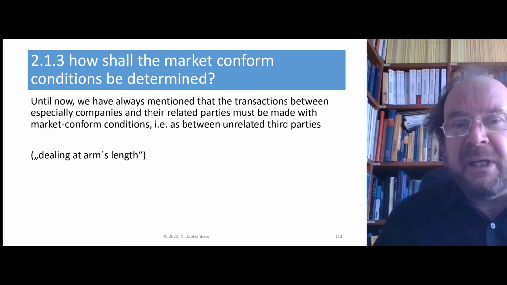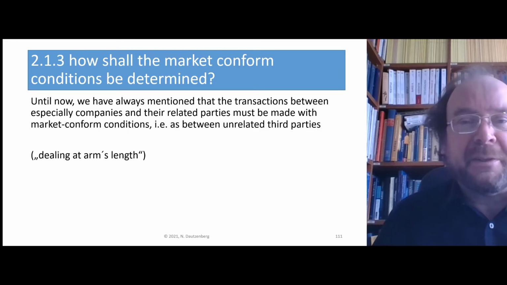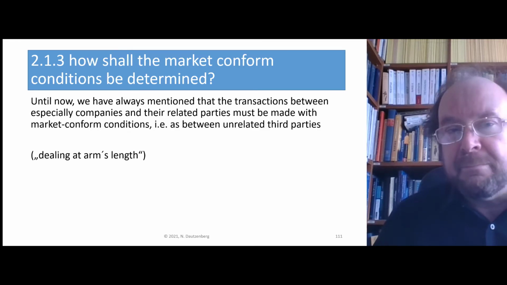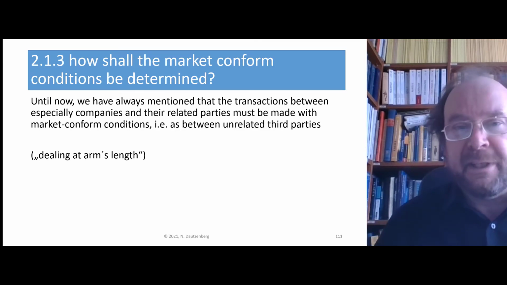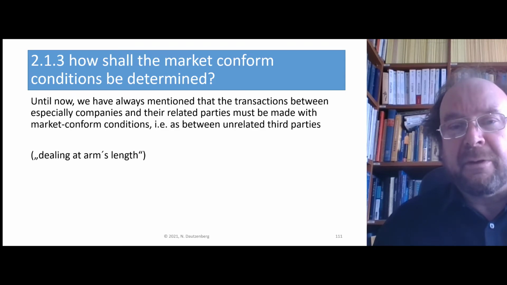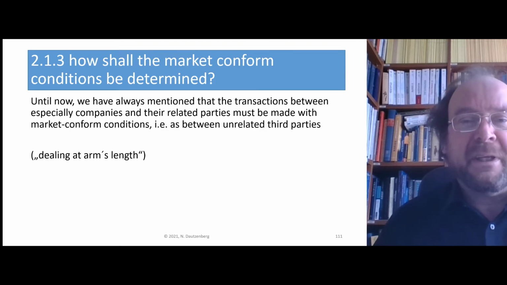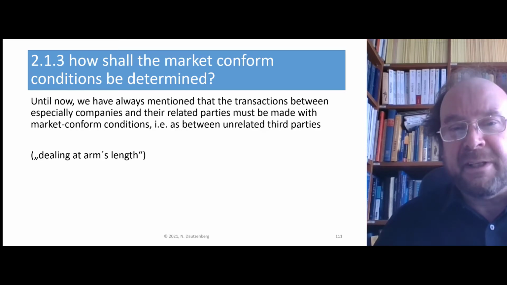It's clear you have to compare the situation, or the requirement is the two parties involved have to do as if they were unrelated. That's, by the way, a fiction. You have to judge the situation based on a fiction, on the idea how would they behave if they were not related.